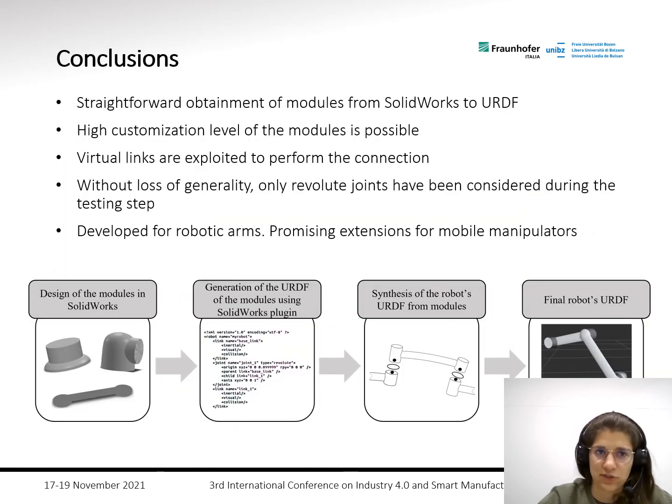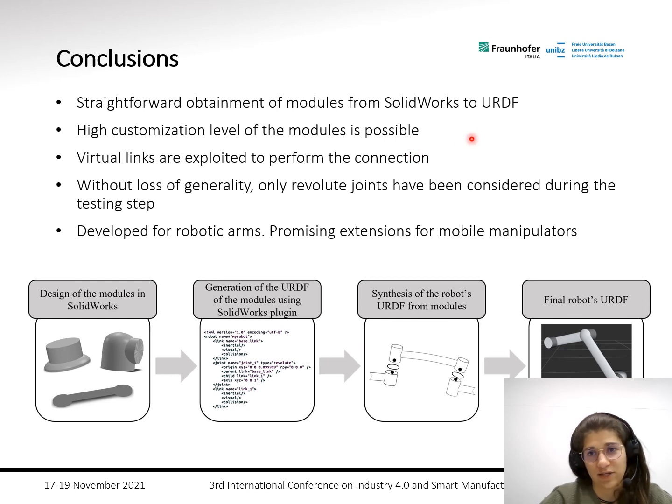Well, to conclude this presentation, we would like to underline that a straightforward obtainment of modules from SolidWorks to URDF has been possible thanks to this approach. Our approach basically consists in inserting the virtual link as an additional element in order to store all the information related to the output connector, and to make this reassembly of the modular robot possible. Obviously, a high level of customization of the modules is possible since you realize them in 3D.